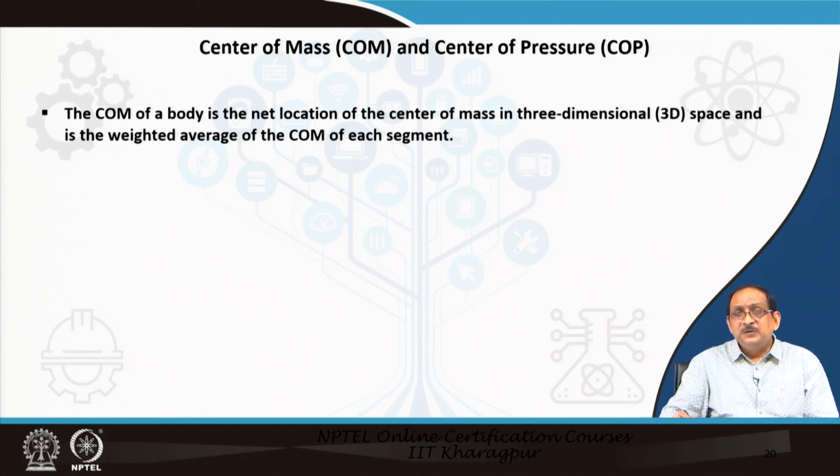It is important to know a few features of the center of mass and center of pressure and the relationship between the two in joint kinematics and postural stability. The center of mass of a body is the net location of the center of mass in three-dimensional space and is the weighted average of the center of mass of each segment.